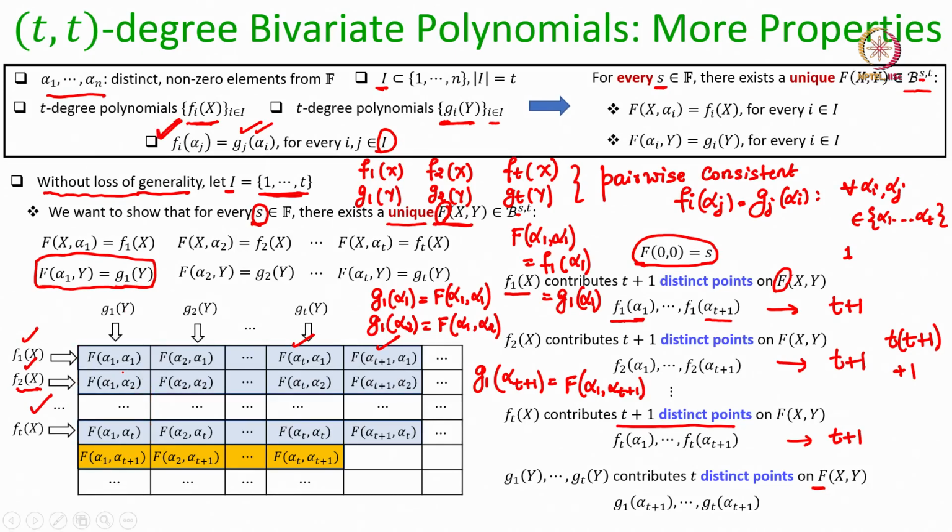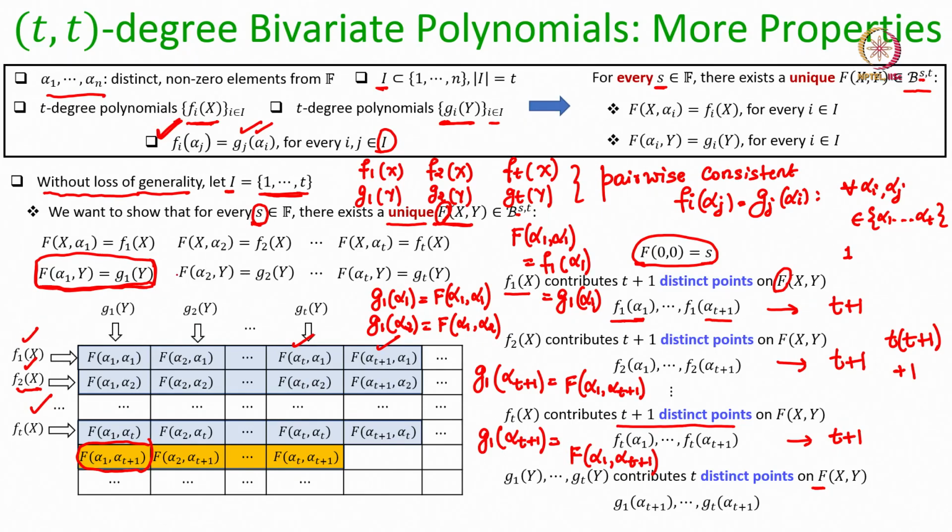That means, when I use this constraint on the unknown bivariate polynomial, I am now getting only one new point on it, namely the g 1 univariate polynomial evaluated at alpha t plus 1, which I can find out is the same as the unknown bivariate polynomial evaluated at alpha 1, alpha t plus 1.